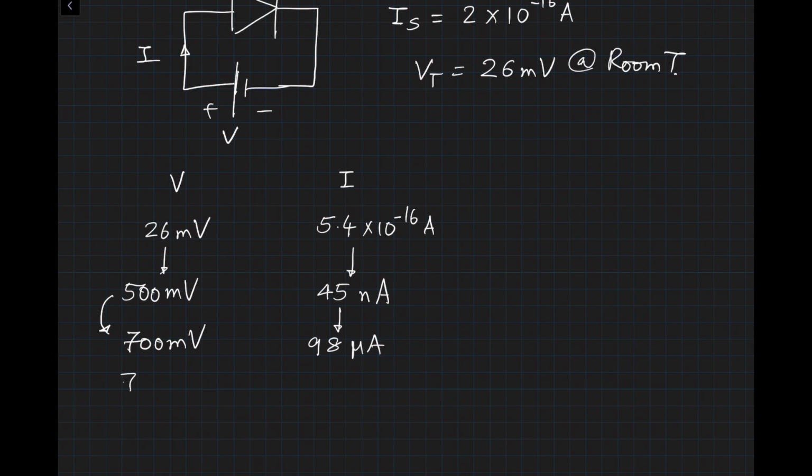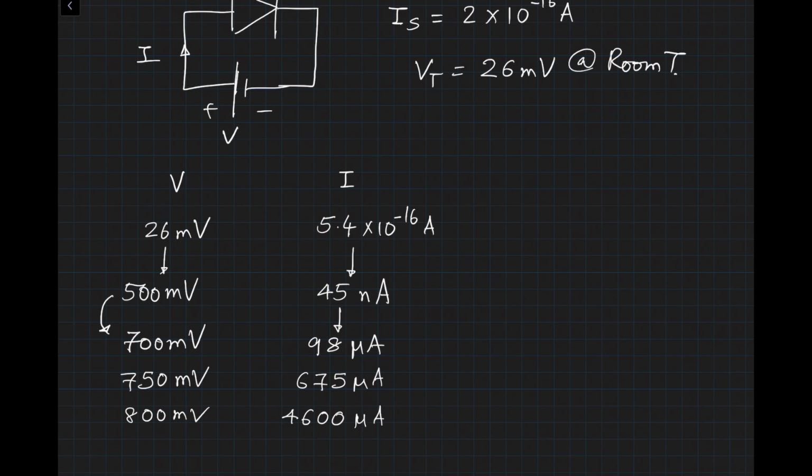From 700 to 750 millivolts, this increases exponentially now, to 675 microamps. From 750 to 800 millivolts, wow, this becomes 4600 microamps.